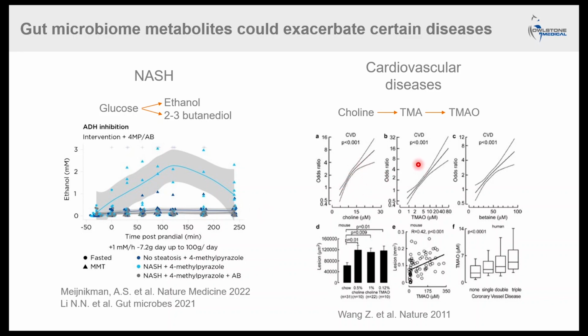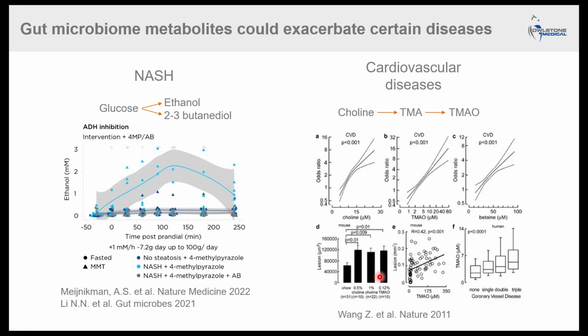Another interesting compound is trimethylamine N-oxide, which is generated from trimethylamine in the liver, and trimethylamine is generated by choline conversion in the gut. These compounds have been found associated with increased cardiovascular disease, and at the preclinical level, it has been shown that trimethylamine N-oxide increases cardiovascular lesion size in a mouse model prone to develop cardiovascular diseases.